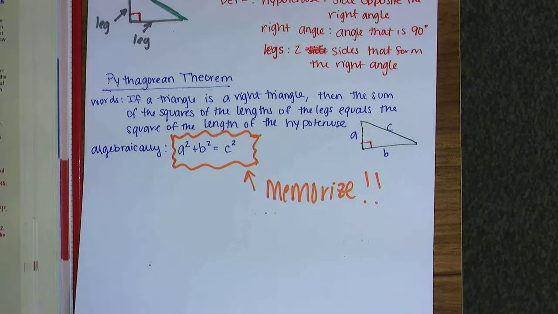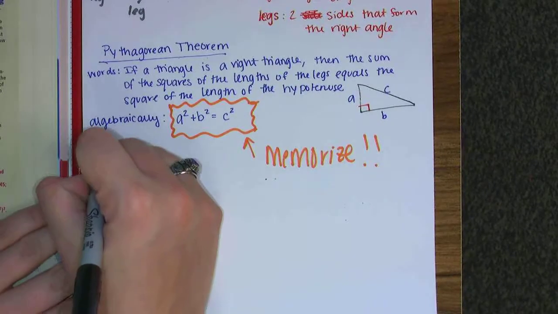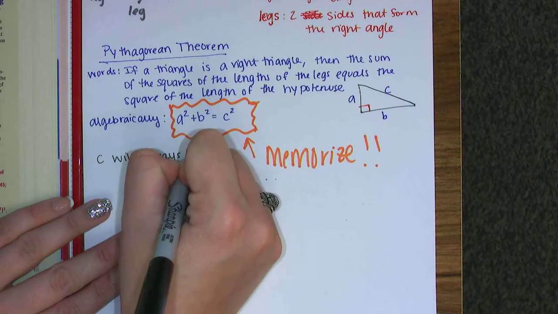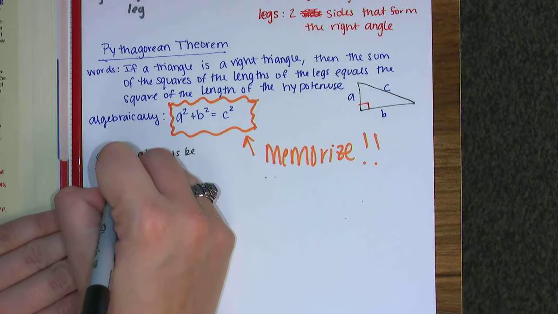Alright, so stuff like 3 through 14 says that, okay, it tells us that A and B are the lengths of the legs of the right triangle and C is the hypotenuse. That's always true. Okay, C will always be the hypotenuse.